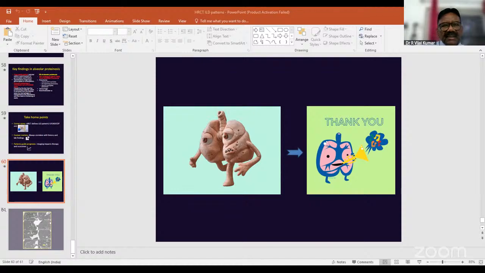In a similar way, the HRCT plays a very important role in looking at the post-COVID sequelae in these patients.